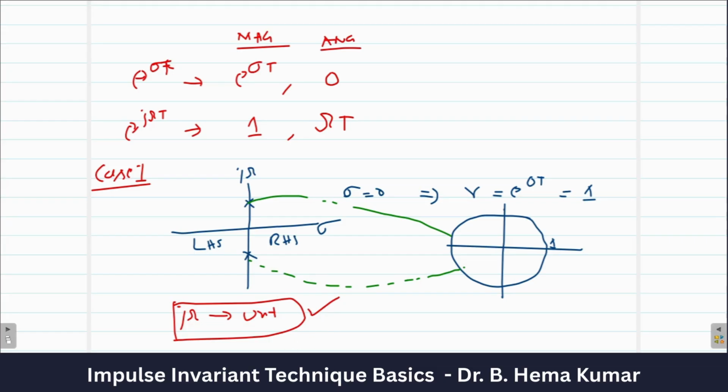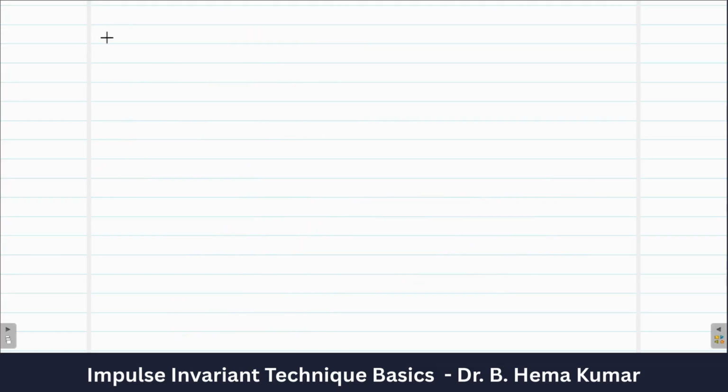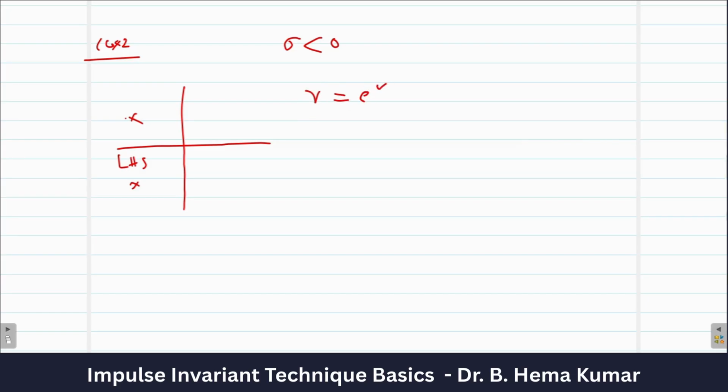Now we'll go to the second condition. Take any pole in the left half of the S plane, suppose you have a pole here. Any pole in the left half of the S plane will definitely have alpha less than 0. So r is equal to e power alpha t, and if alpha is less than 0, r will be less than 1.